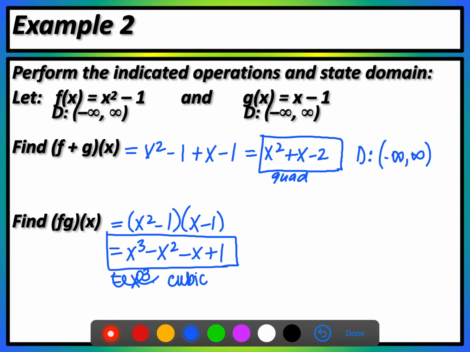This is a cubic, I can tell by the third power. If you remember from your 12 basic functions, this should also have the domain of negative infinity to infinity. Since neither of the originals came with a restriction, that applies to this as well. Hopefully we're finding this to not be too terribly difficult, and it really helps if you know your 12 basic functions.